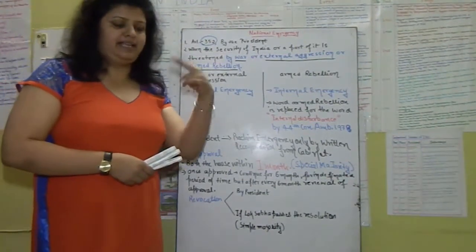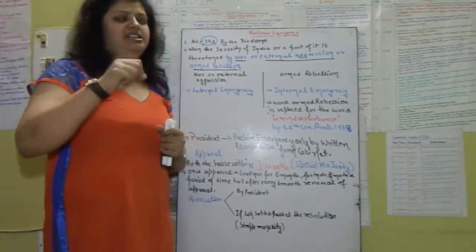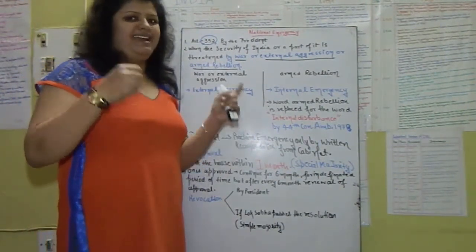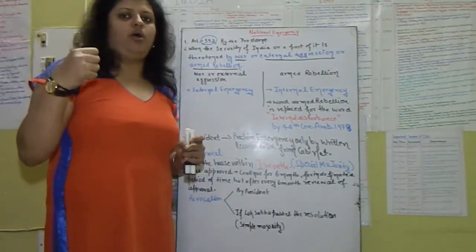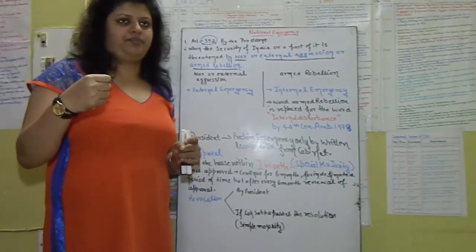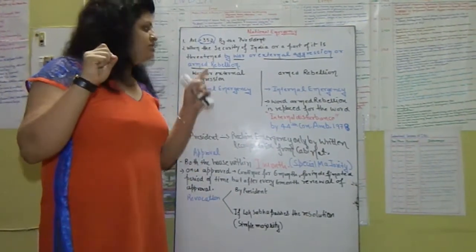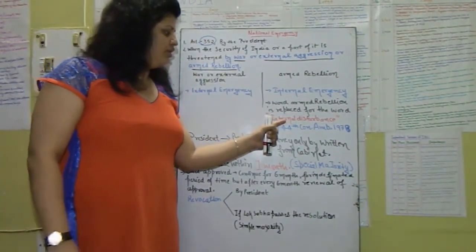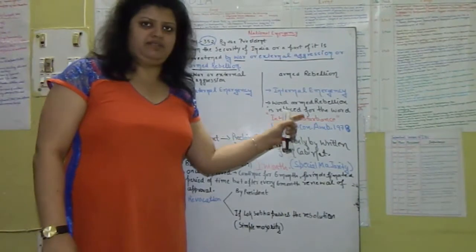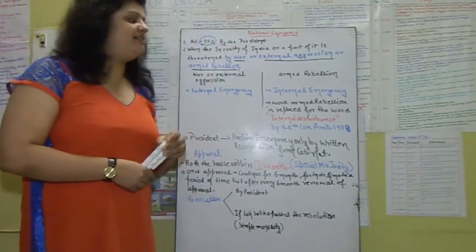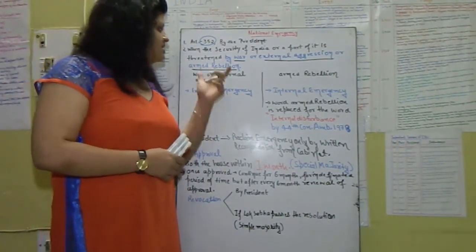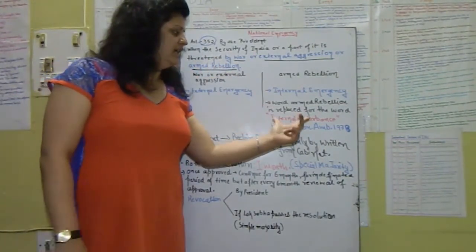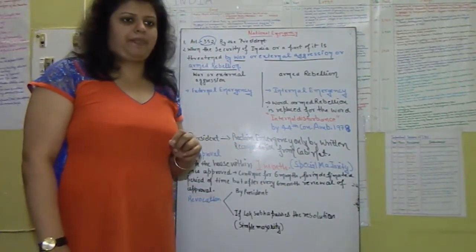The second option they can give, national emergency can be proclaimed on the basis of war, external aggression, or armed rebellion. Instead of this word armed rebellion, they can give you a word which is called internal disturbance. Now before 1978, instead of the word armed rebellion, in the constitution the word internal disturbance is used.